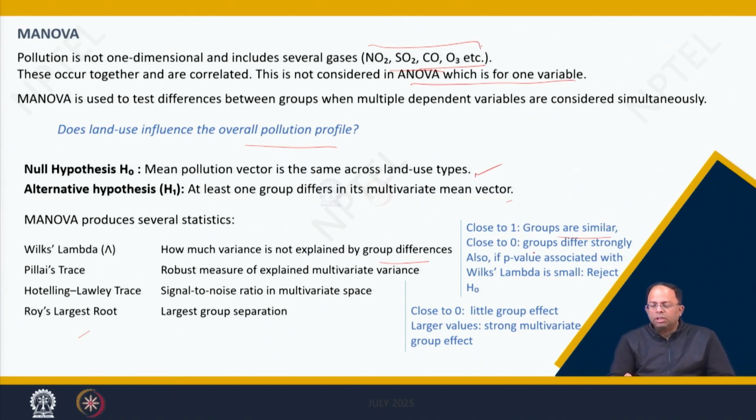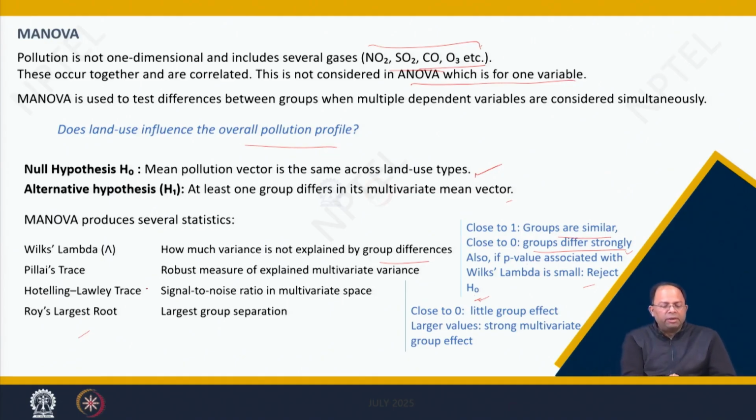If it is close to 0, we say groups differ strongly. But we also need to check the associated p-value. If the p-value is very small, we reject the null hypothesis H0 and say that the mean pollution vector is not the same across the land use groups.